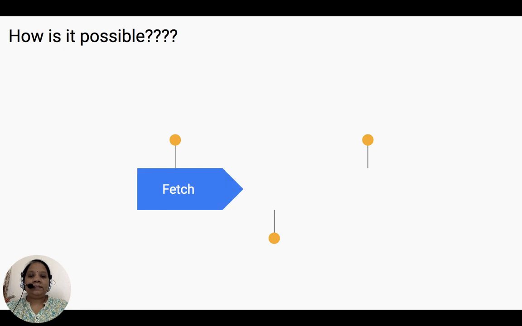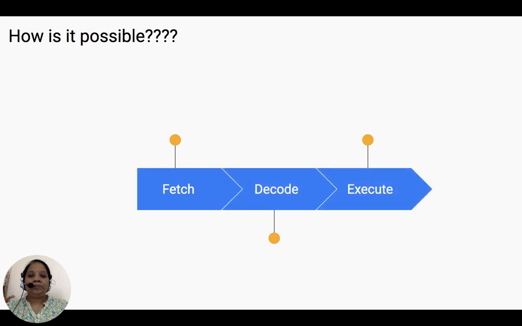So the 3 phases are fetch, decode, and execute. What is there in fetch that helps it to be completed in exactly 1 clock cycle? Can you please recall? We have already discussed this in our earlier videos. Yes, the answer is, all instructions in ARM are of the same size, which is 32-bit in normal execution and 16-bit in Thumb state.